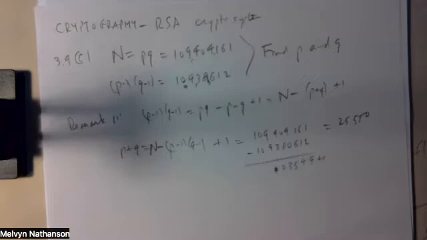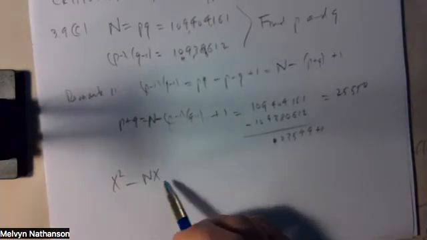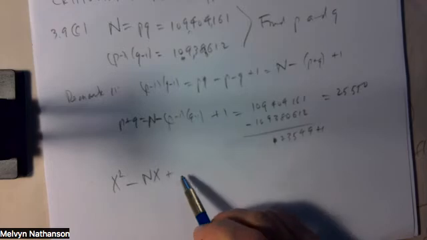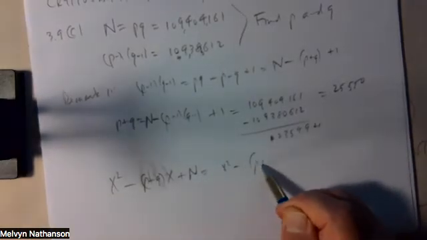So pq is equal to this. p plus q is equal to this. If I take the following polynomial, x squared minus (p plus q)x plus n. What is this? This is x squared minus (p plus q)x plus pq.